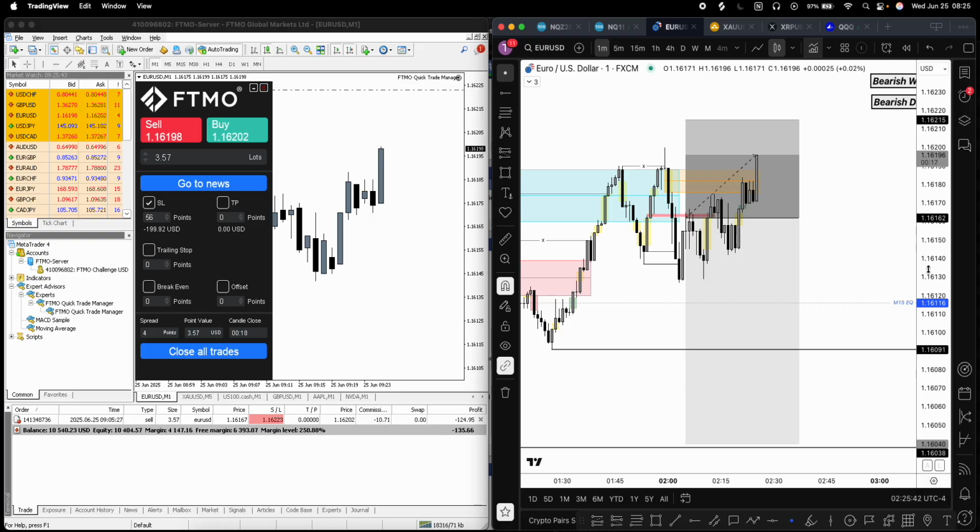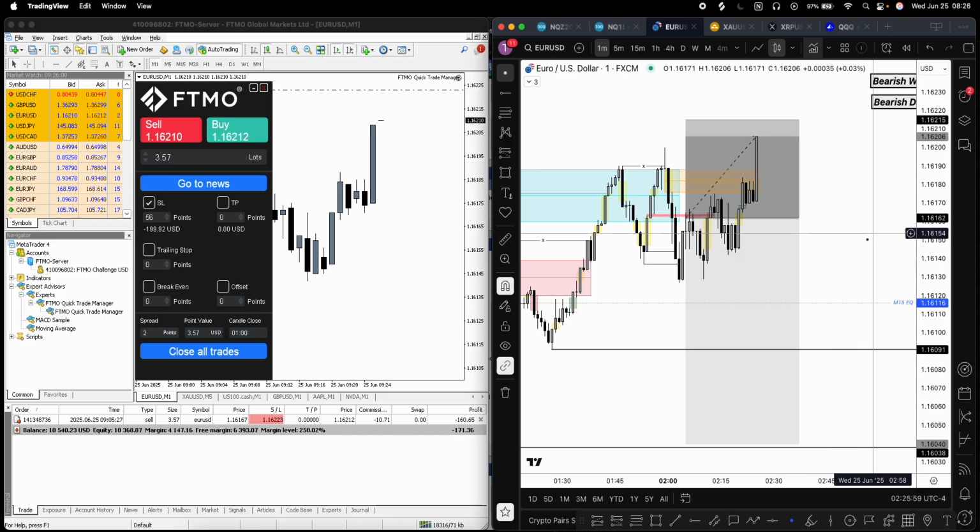And it's broken above now. So obviously it's not looking so good. Okay, let's hit the high where our stop would originally be. So trading last year, we would be out of the trade. Looks like it's gonna lose though.